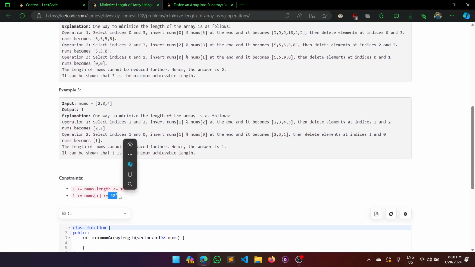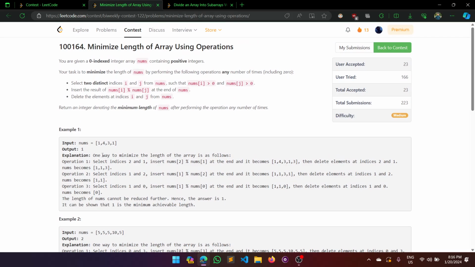Nums of i can be equal to 10 to the power 9 at max. That binary search thing does not make any sense, because if we had a way with which we can determine if we can reduce this to x, that would have made this question a lot easier, and apparently we cannot determine that as well, so we'll have to think of something else.